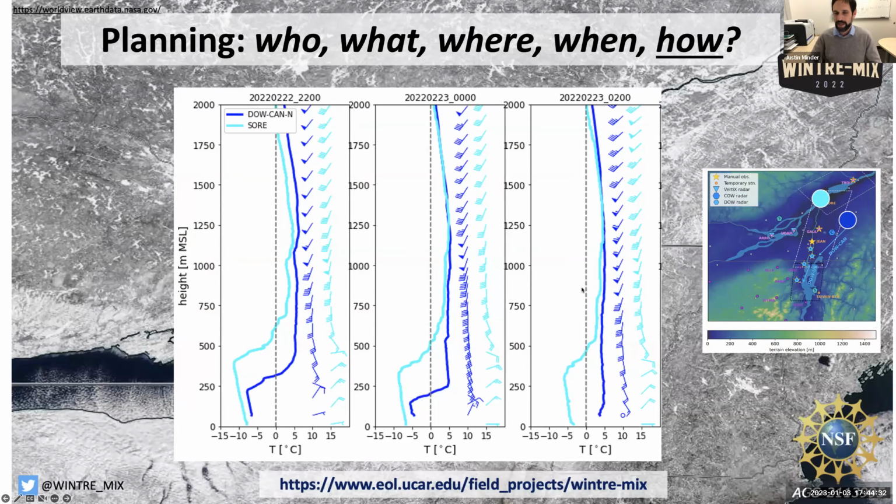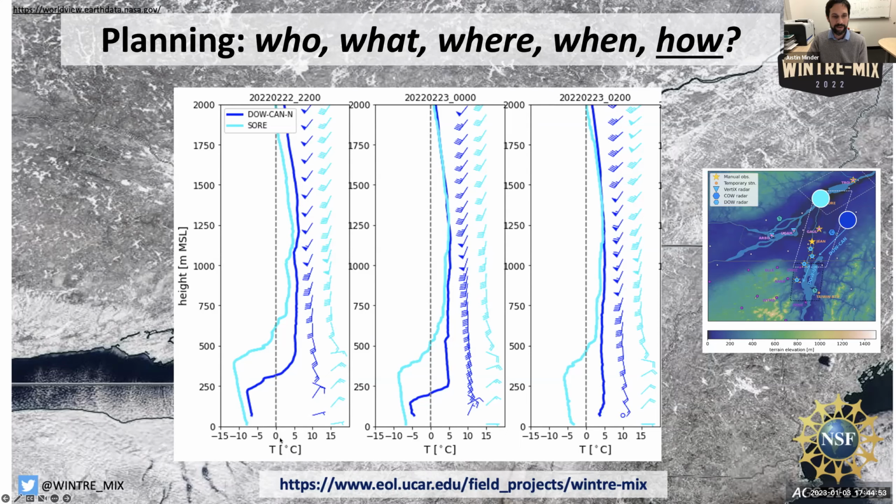And here's one more quick example, focusing on balloon-borne measurements. I'm showing you 3 different times from 2 different locations where we were launching radiosondes. One down in the bottom of the St. Lawrence River Valley, and one a bit to the south and the east, shown in the cyan and the darker blue colors here.